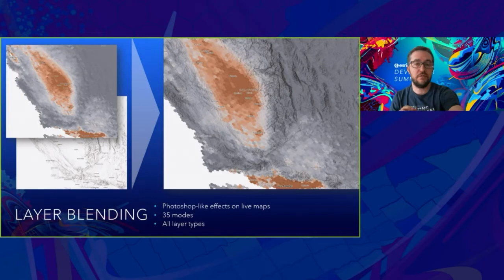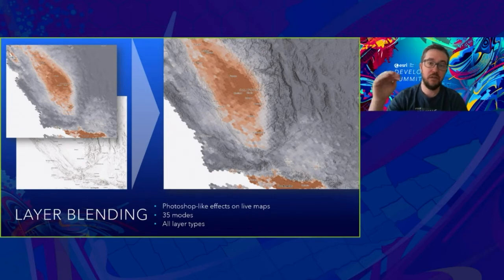So, for example, in this slide, you can see on the left there are two images. One is the topo layer, the hillshade layer, and then on top we want to have this vector data. By setting a multiply blend mode, we can make sure that the vector colors blend nicely with the topo, the hillshade underneath.